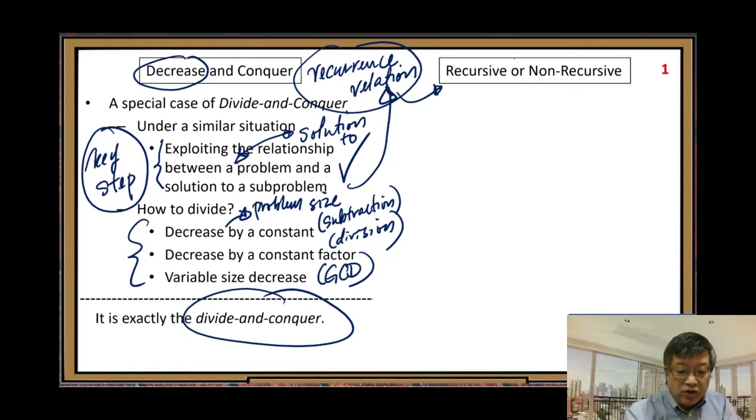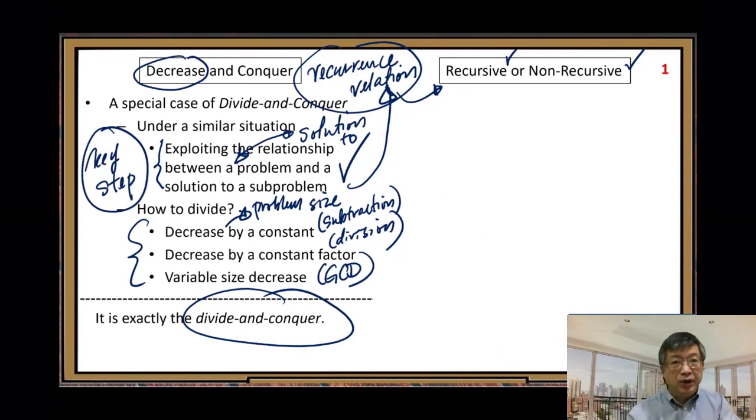There are two ways. The first way, recursive way. Second, non-recursive way. If you recall the Fibonacci numbers, how do we solve the Fibonacci numbers problem? We have a recursive method and a non-recursive one, with a for loop, iteration, iterative. So you have that idea.